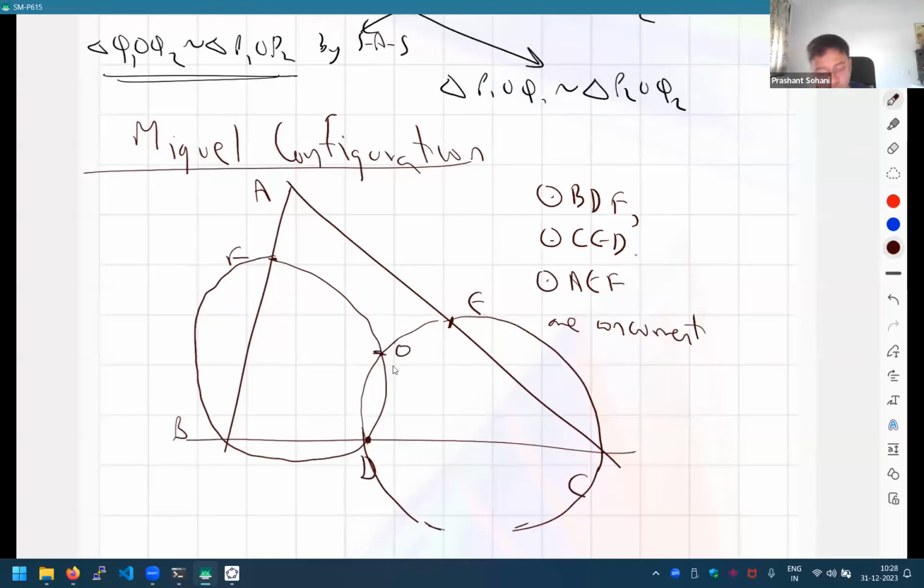If you look at this point O and look at all the angles in the diagram, it is very clear that by simple angle chasing you will get it, because this angle is equal to this angle by the first cyclic quadrilateral, and by the second quadrilateral this is also equal to this angle. Therefore the first and the last angles are equal, and therefore you can draw a third circle passing through A, E, O, F.